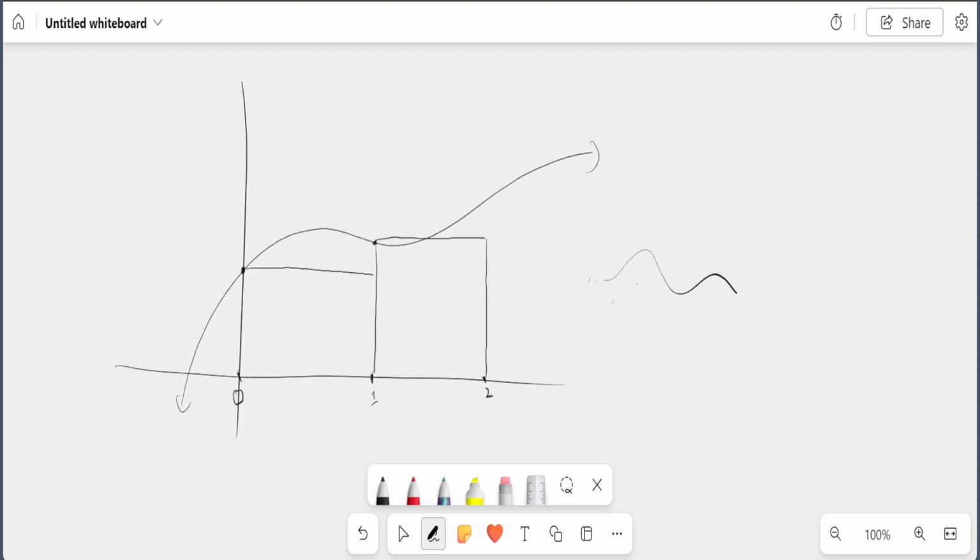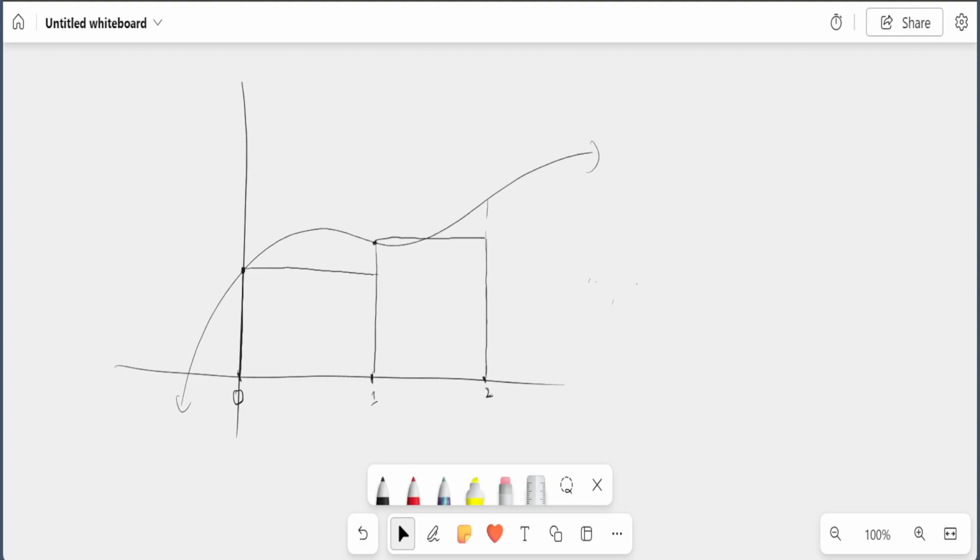And if we add up those rectangles, we can get an approximate area under this curve, right? But the problem is, approximation isn't good enough.